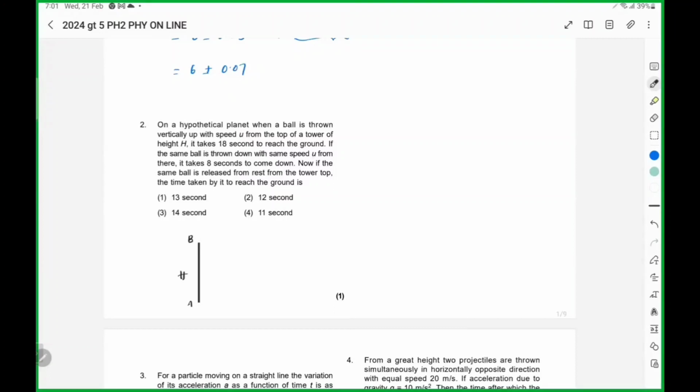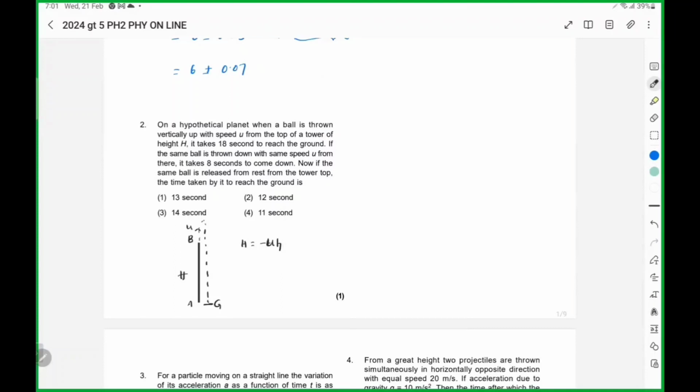So the concerned formula will be: projected with u, it reaches the ground.